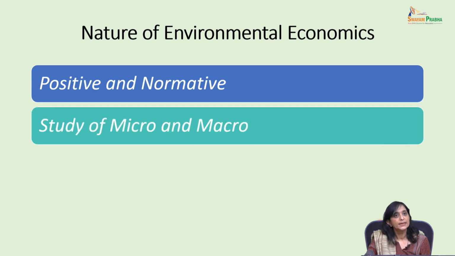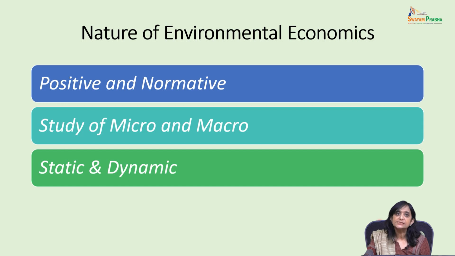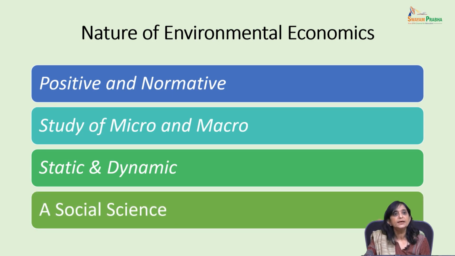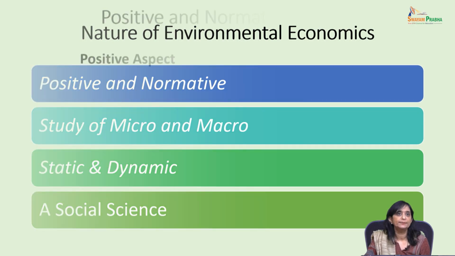Then, it is the study of both micro and macro. It is static as well as dynamic. And then we say that environmental economics is a social science. Now let us understand all these points one by one.